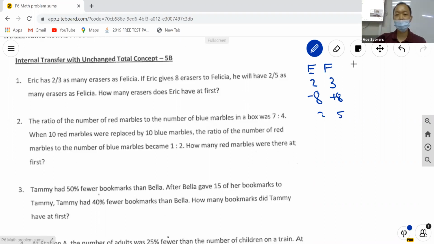So why is this total unchanged? Is it because the title says total unchanged? No. Why? How do you know that this is total unchanged?